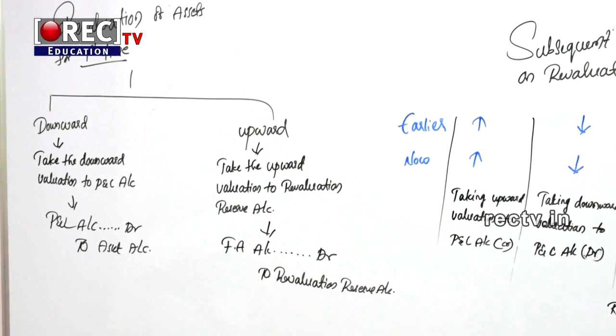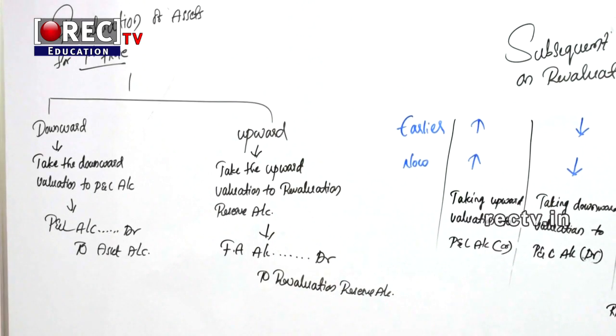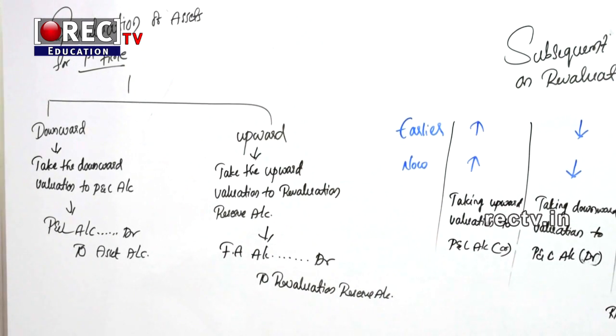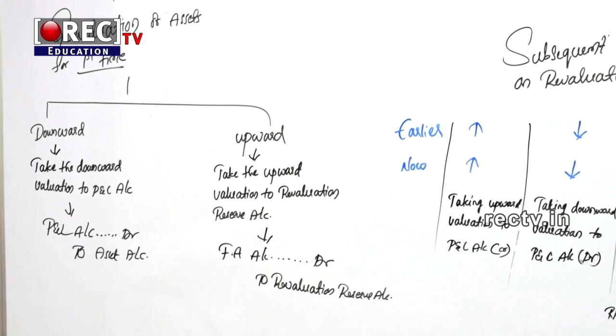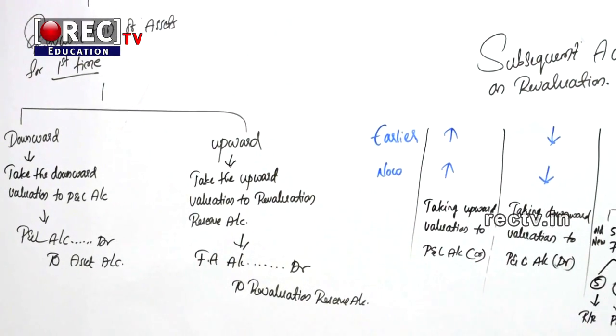That is, P&L account debit to asset account. And if the asset value is increased, that is upward, take the upward valuation to the revaluation reserve account. That is, the asset value is increasing, so fixed asset account debit to revaluation reserve account.